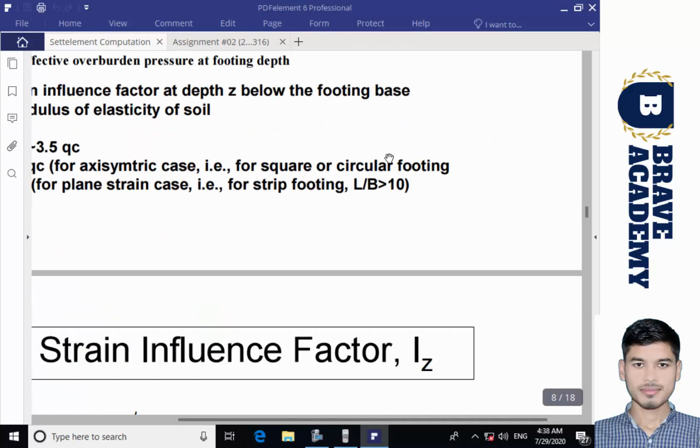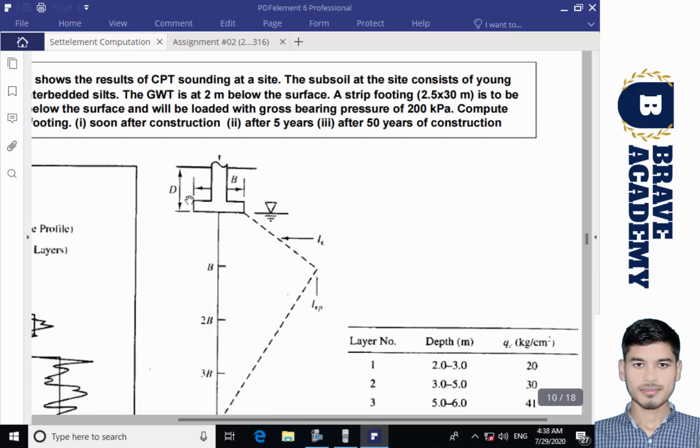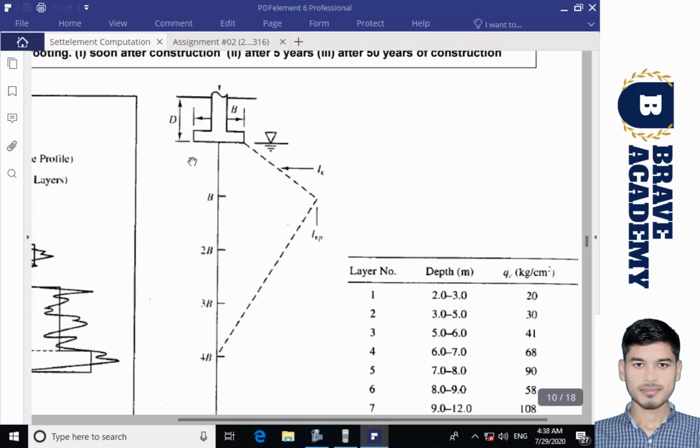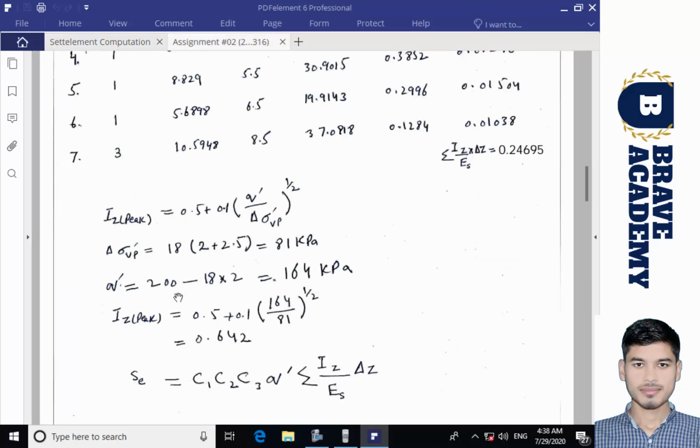2 is the depth of footing, from here to here, and 2.5 is our breadth of footing, that is from here to here in our case. So 18 into (2 plus 2.5) will give you 81 kPa. And q prime is the net footing pressure.